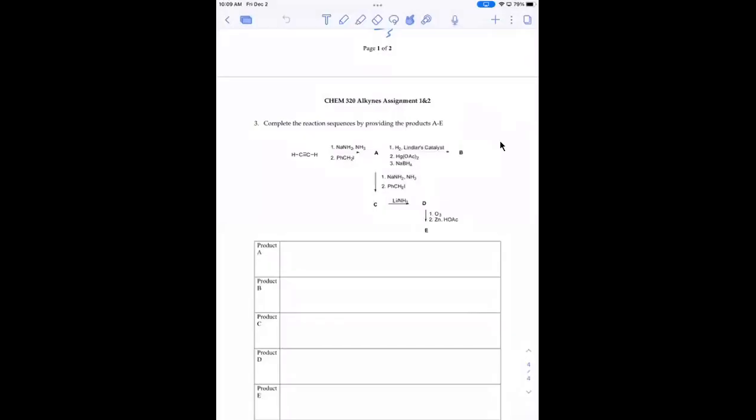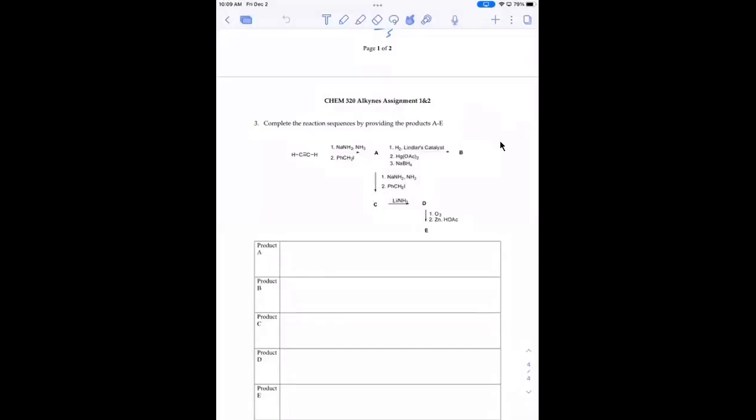All right. So what we're gonna do today is we're going to go through the reactions that are on this document, alkyne reactions, and we're gonna walk through each one of these sentences, these steps.